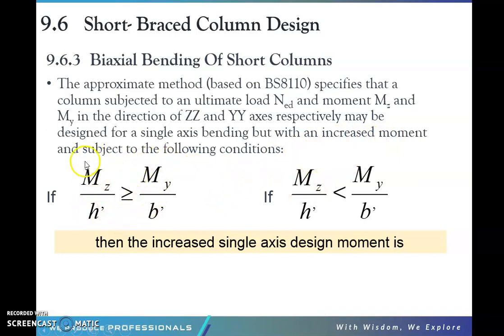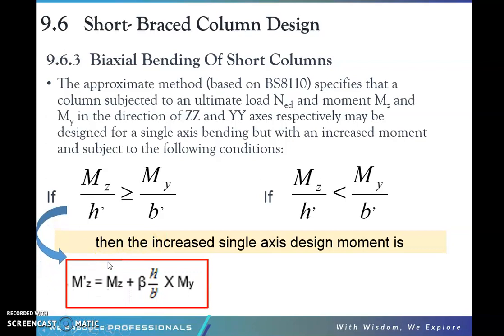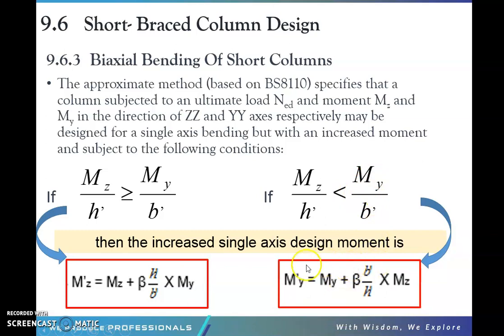There are dua condition. If Mz over h prime is greater than or equal to My over b prime, kita kena kira dia punya increased single axis moment using this equation. However, if they fulfill this condition, which is Mz over h prime is less than My over b prime, the design moment for single axis is by using this equation.